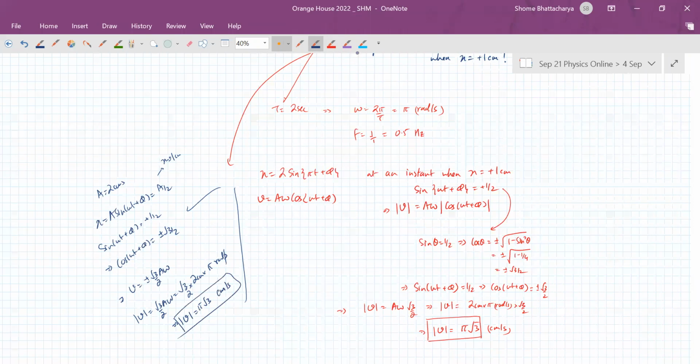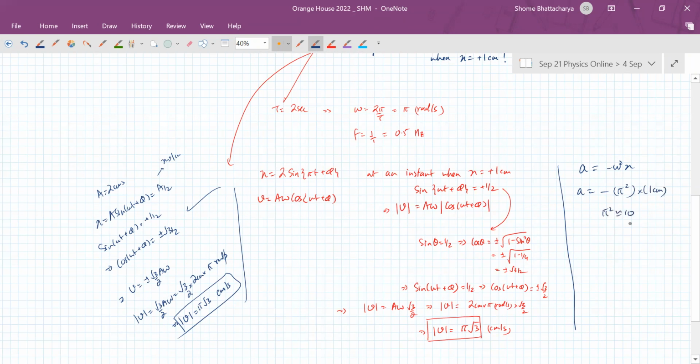Now about the acceleration. For the acceleration, use the relation that is this. So acceleration is minus pi square. So pi square is approximately 10. We can say, okay, the acceleration is approximately minus 10 centimeters per second square.